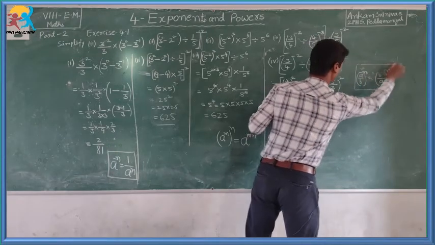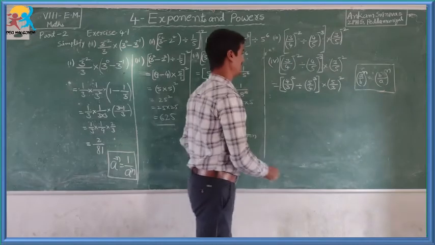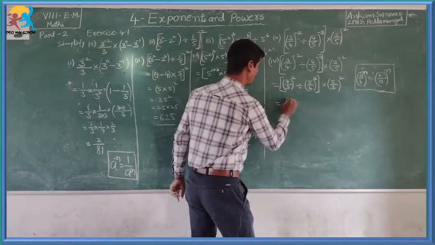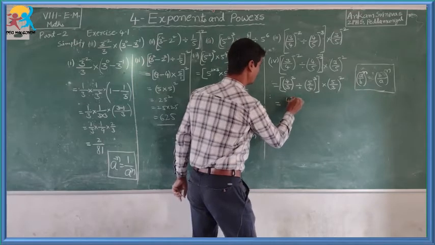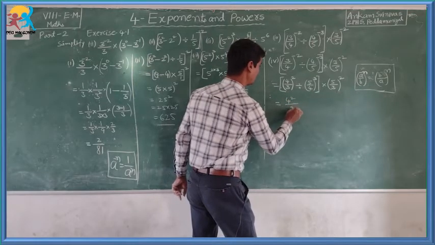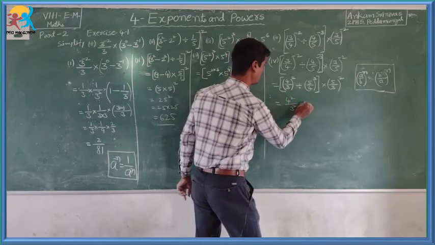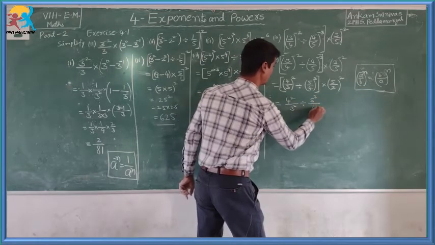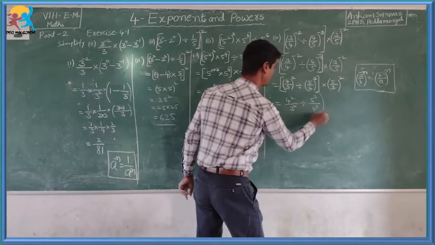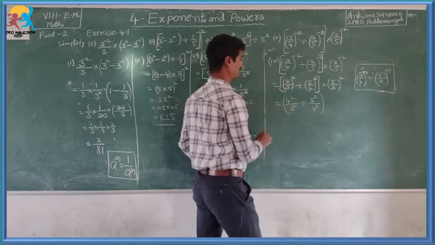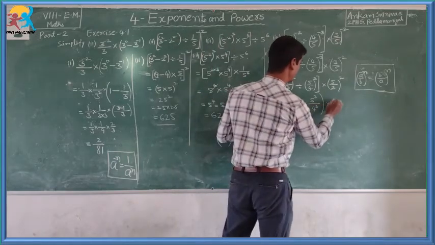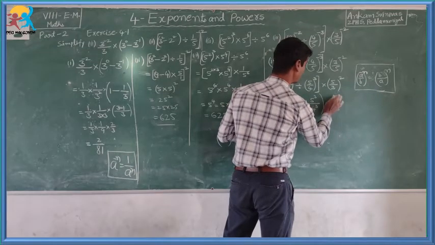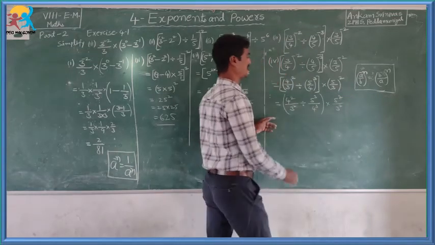So here 4 power 2 by 3 power 2 divided by 5 cube by 4 cube into 5 cube by 5 square into by 3 square.